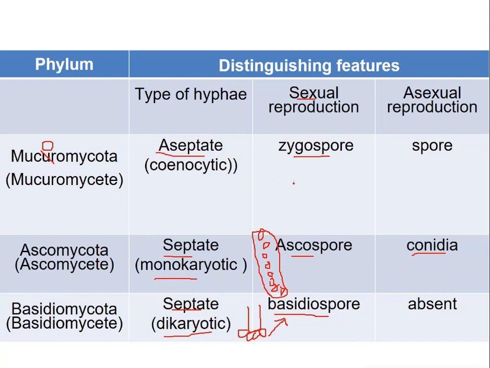And for zygospore, remember, okay, it is formed in the zygosporangium. All right, okay. And as for Basidiomycota, asexual reproduction is not prominent, all right, less common, because they usually undergo sexual reproduction. Okay, that's all about the kingdom of fungi.